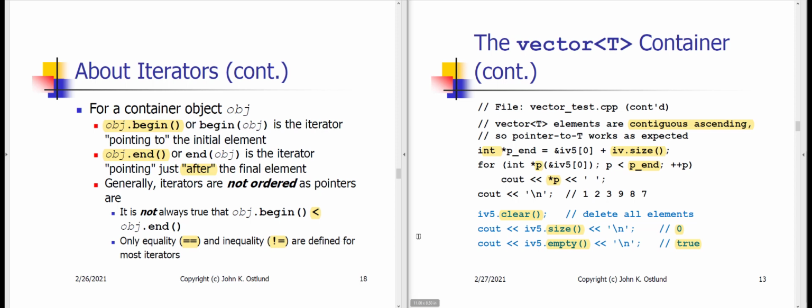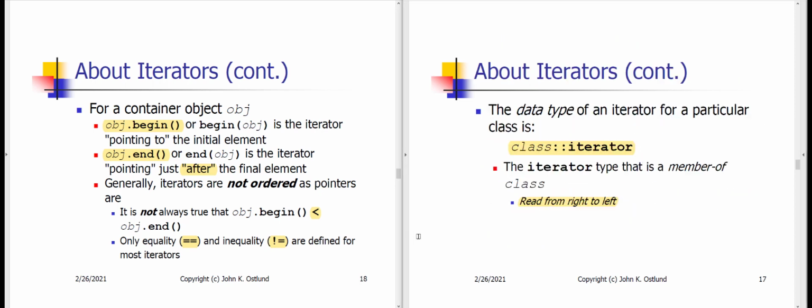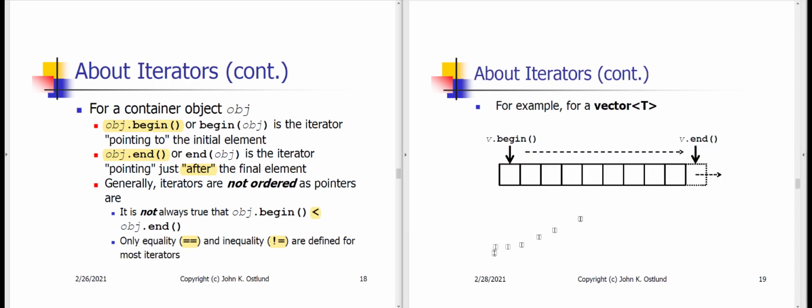All right. So in other words, here, diagrammatically, is how this would look in the case of a vector. Okay, so for a vector of T, we do know that the elements in a vector are in ascending contiguous memory locations. And so in the solid black outline here, these are the elements that this vector contains.